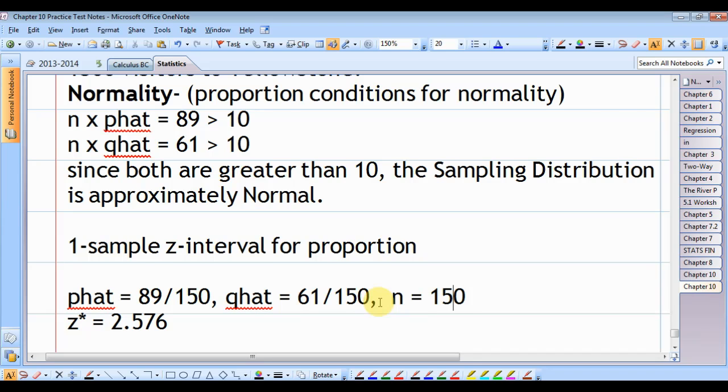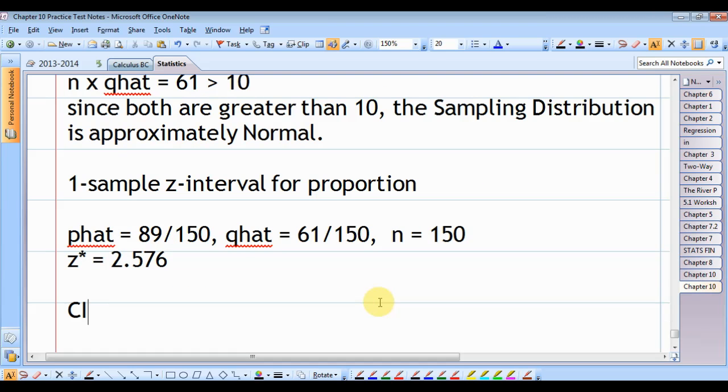Great. Let's do this. Confidence interval. P hat plus or minus Z star times the square root of P hat, which is 89 out of 150.